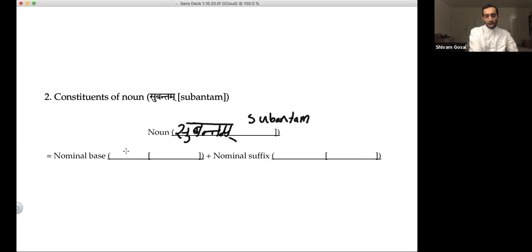It is made up of a nominal base, and this nominal base is called pratipadikam. And the nominal suffix is what we call sup pratyaya.